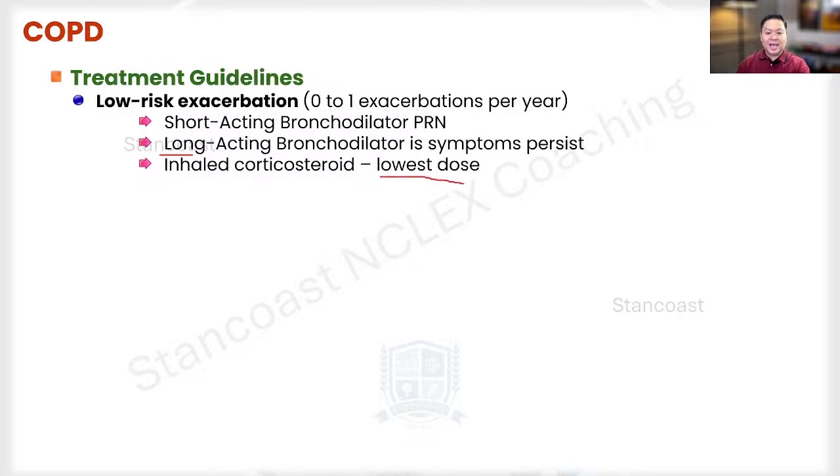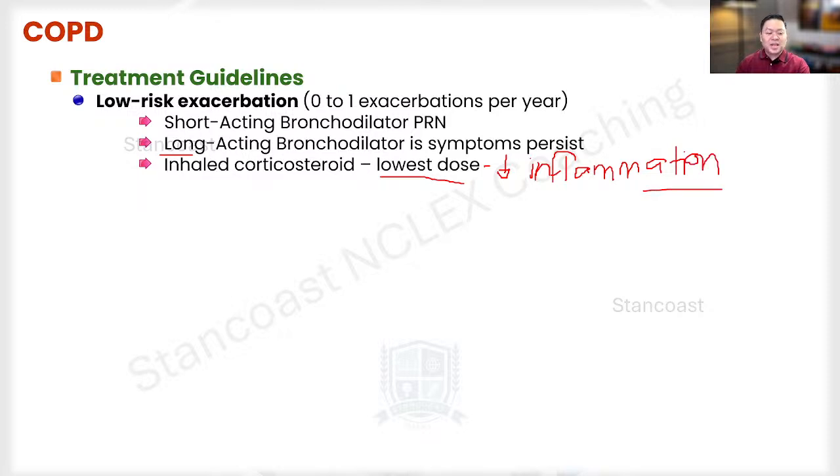In some cases, the patient will be getting the inhaled corticosteroids, and the reason that we administer this is to reduce inflammation, and where the inflammation is, of course, the airways.